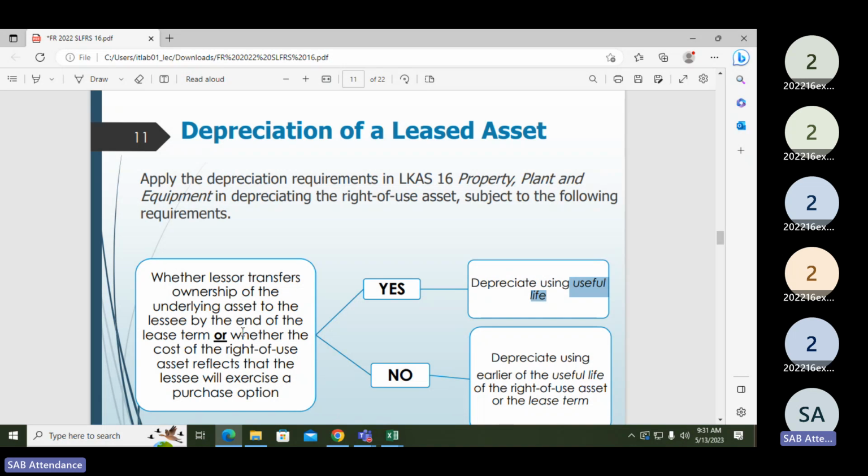Now, a practical scenario in the Sri Lankan context: all these vehicle leases that you enter with banks and finance companies, at the end of the lease term, ownership does not transfer automatically. There is an additional 1,000 rupees, right? When you pay that 1,000 rupees only, you can get the ownership. That's the legal condition.